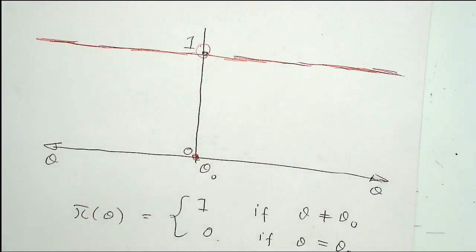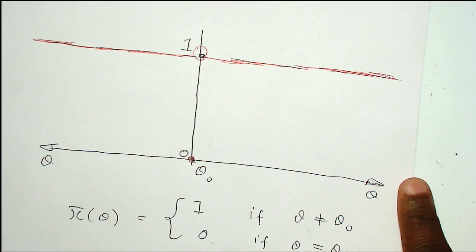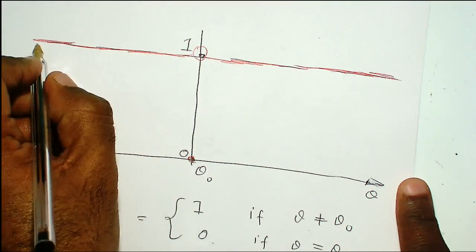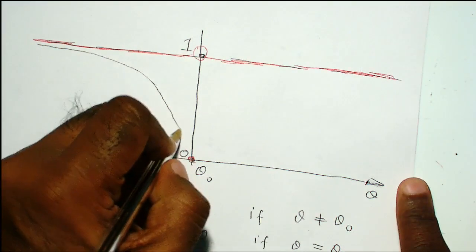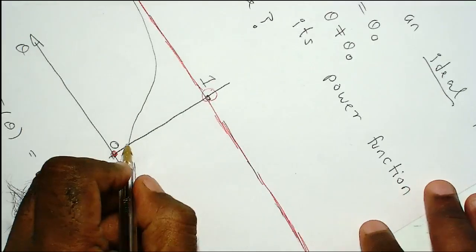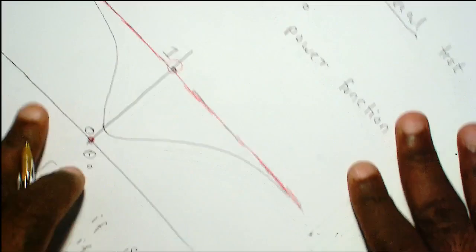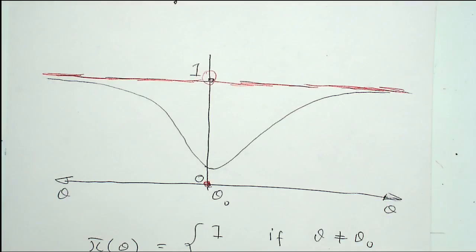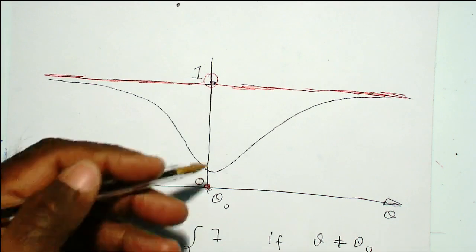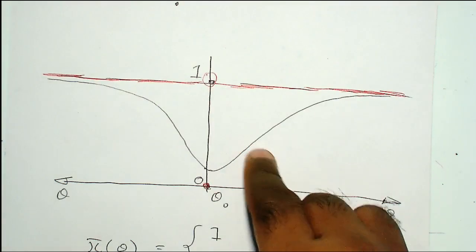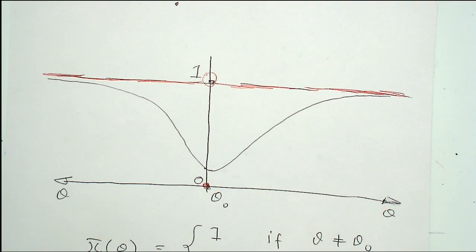In other words, suppose the power function for the NP test looks like this. What the two words, the most powerful, mean is that you cannot have another test that is closer to the ideal one than this one. Is that clear, guys?